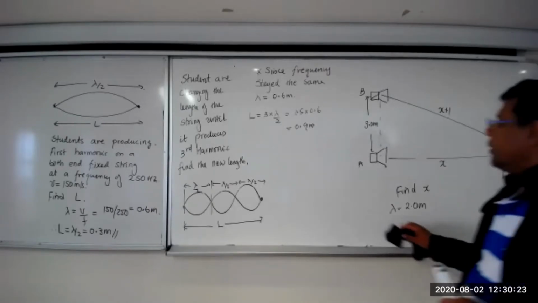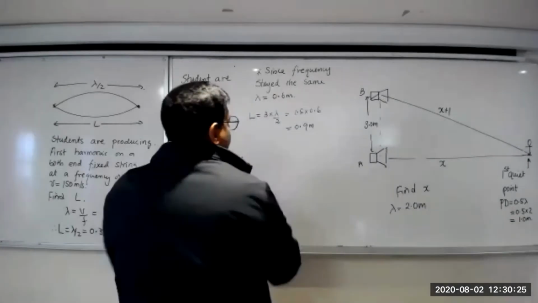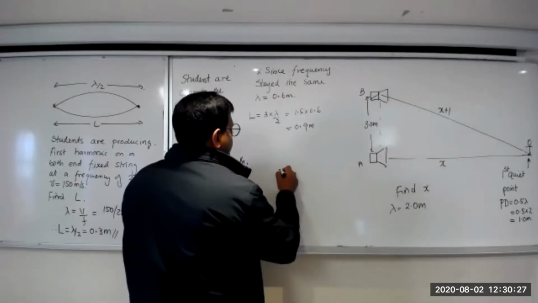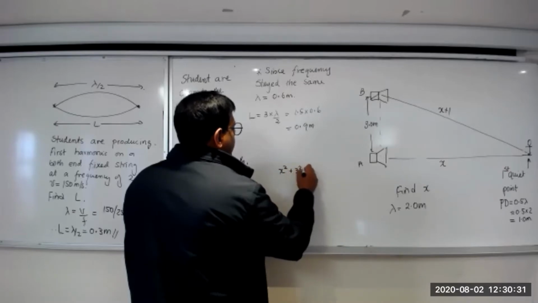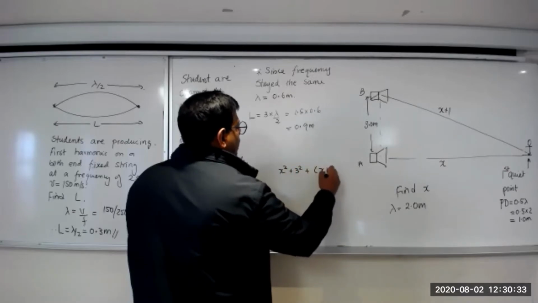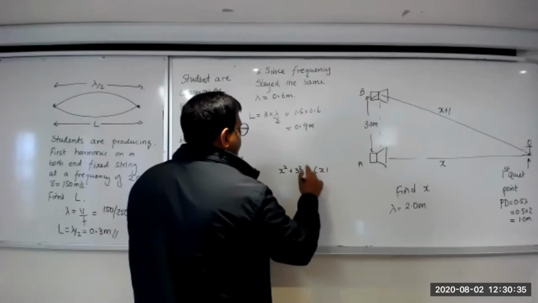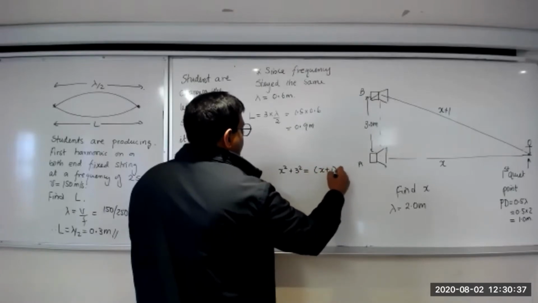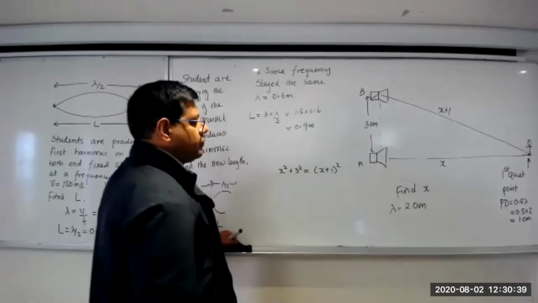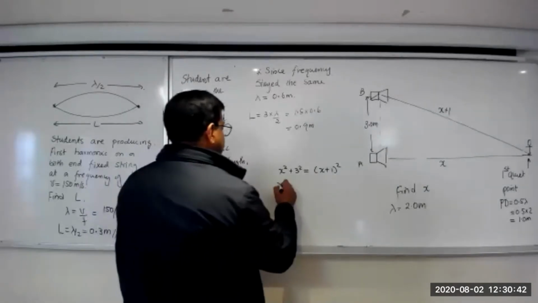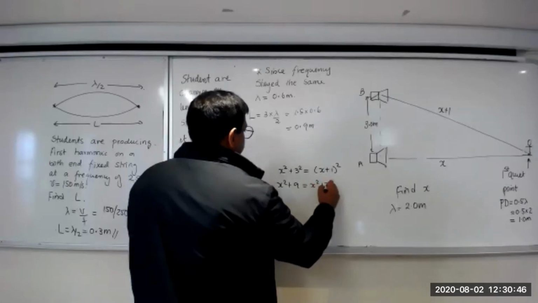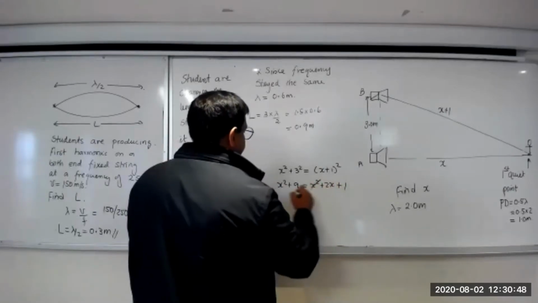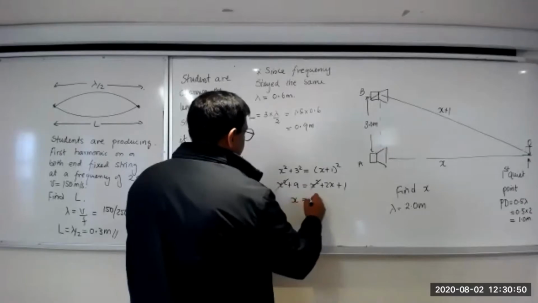All right, so you can use Pythagoras: x squared plus 3 squared is equal to x plus 1 squared. So that's x squared plus 9 equals x squared plus 2x plus 1, so x equals 4 meters.